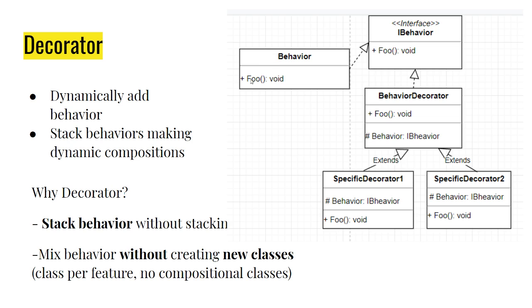So behavior will be called here, and this will call its own method also here. So this will call its own method here and behavior, and this will also call its own method here and behavior.